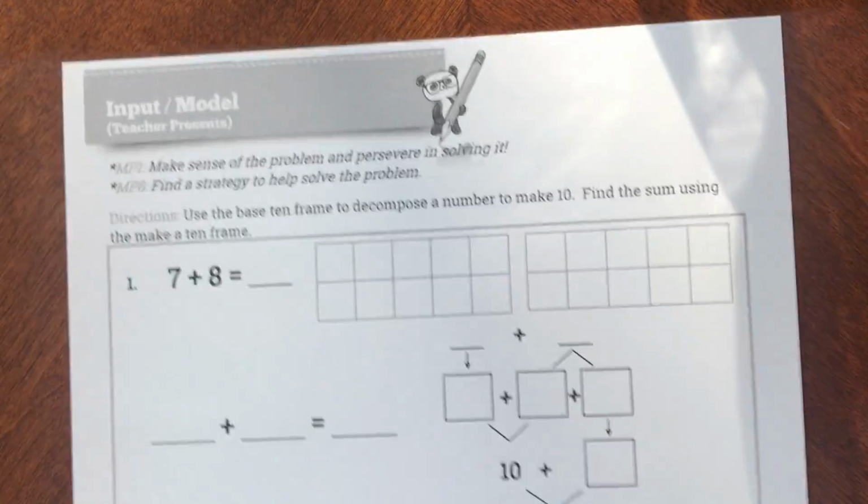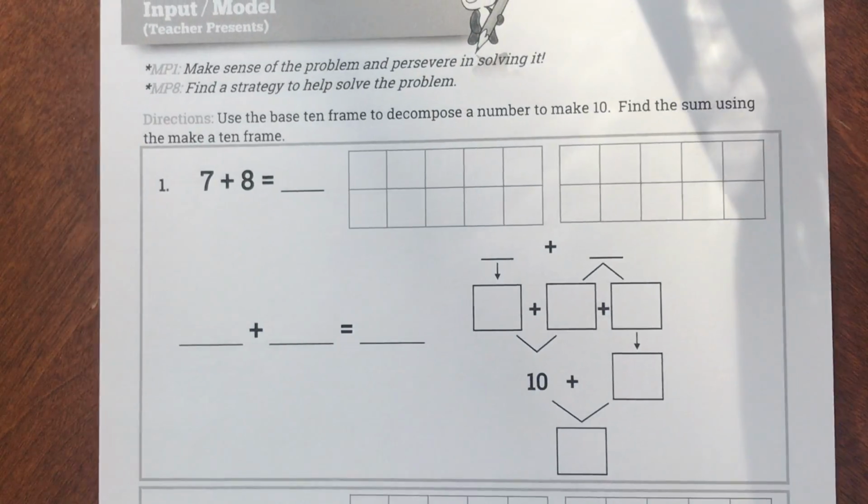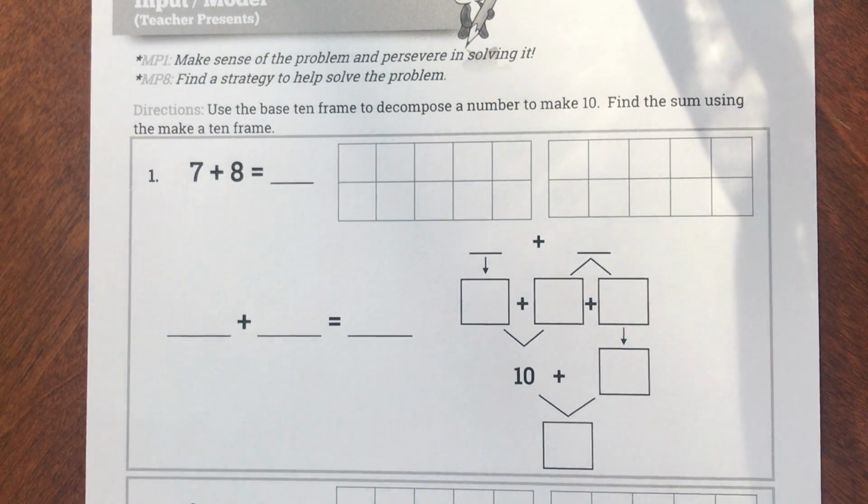Here is my first problem. My first problem is 7 plus 8. Okay, so 7 plus 8. Now you're going to notice, boys and girls, that I'm going to use two different colored markers. When you do yours, you might want to get two different colored markers as well.